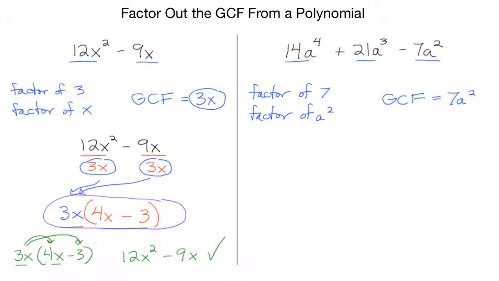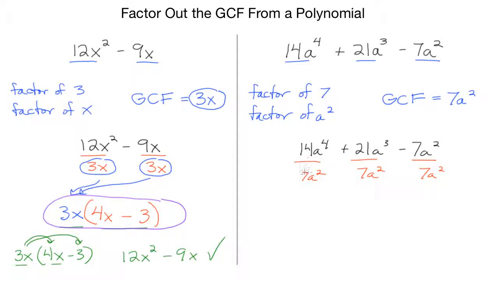All right, now let's separate it and rewrite it out. So we got 14a to the fourth plus 21a to the third minus 7a squared. And I want to see what I have left after I factor out the greatest common factor. So I'm going to divide by 7a squared for all three terms, because all three terms have those factors in common. And let's rewrite what we have left.